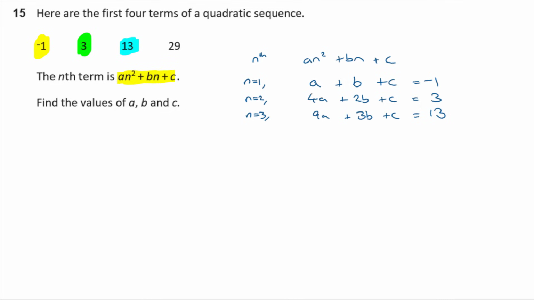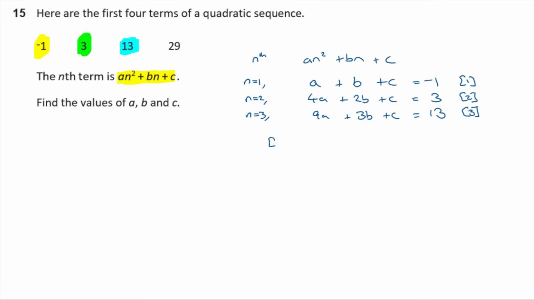Okay, so what we're going to do is we're going to take our three equations in three unknowns and reduce them to two equations in two unknowns and then one equation in one unknown. How are we going to do that? Well, let's say this is equation 1, 2, and 3.